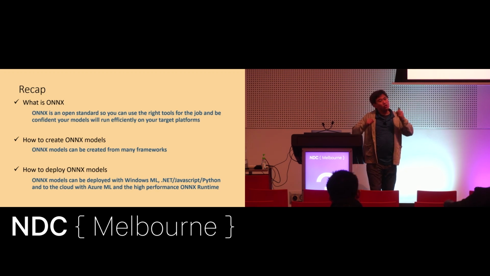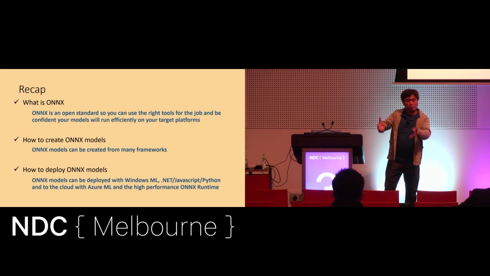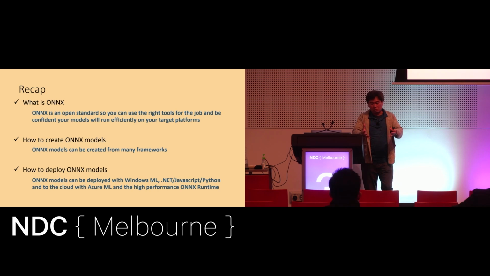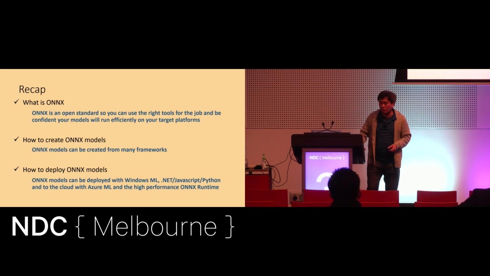If your application is already in JavaScript, you have a web application, use ONNX and ONNX runtime in order to integrate it with your target platform. How do you create an ONNX model? Models can be created. I did show you different frameworks and how you would create the ONNX model. I did a demo on using ML.NET and also some code using Python.